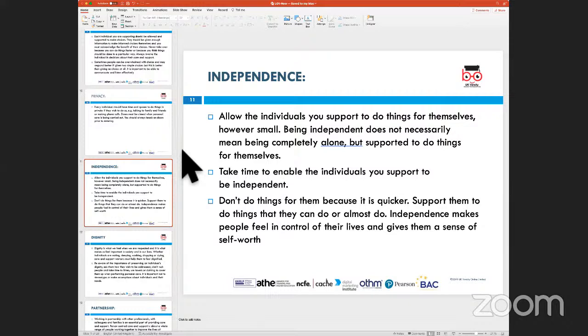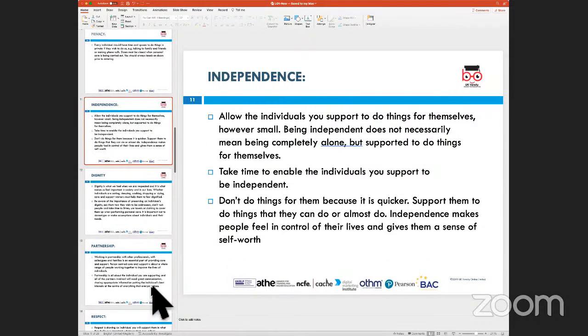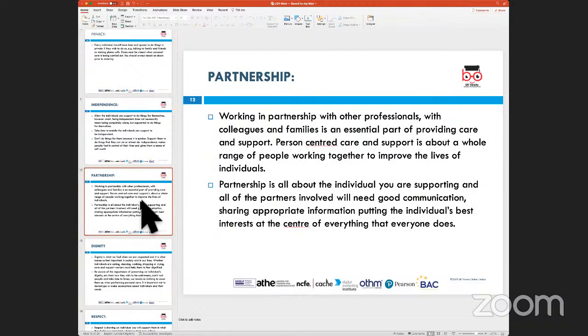That means you are allowing the individuals to make their own decisions, choose and get the information that they need, and then using that information, being in control by making the decisions themselves. And that is where you're going to respect the individuality and independence of the individual, and that is what we mean by independence. Now we also talk about partnership.